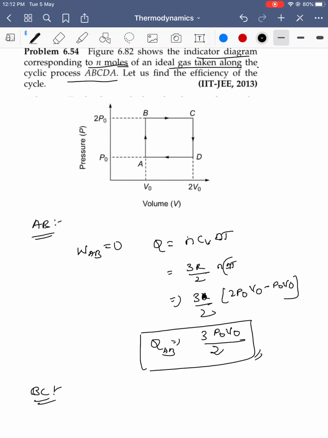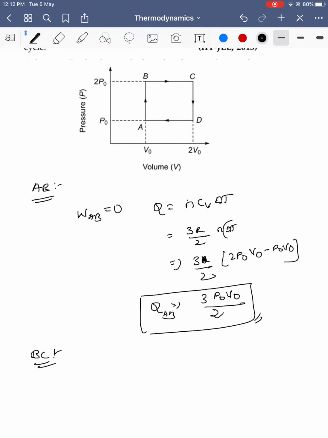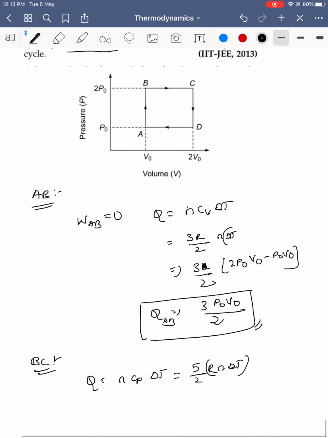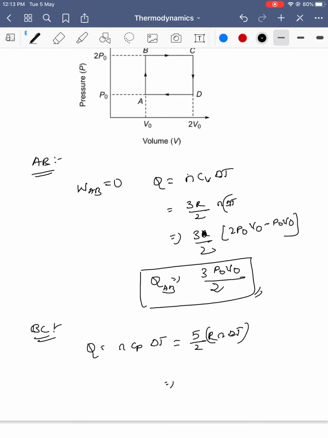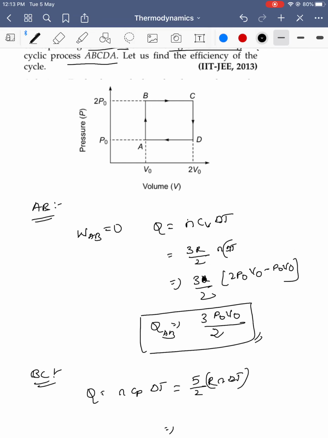Now the BC process is isobaric. So Q is equal to nCP into delta T. nCP is nothing but 5 by 2 R into n into delta T. nR into delta T I can write as, because PV is equal to nRT here, 4P0V0 is equal to nRTC, and 2P0V0 is equal to nRTB.